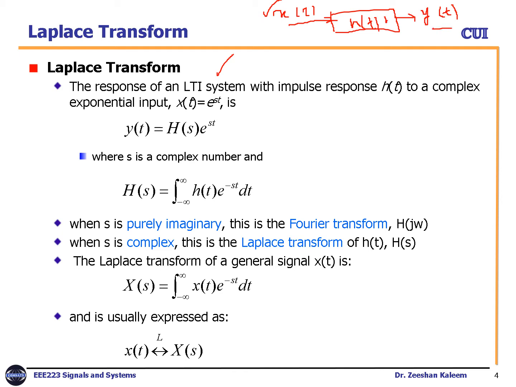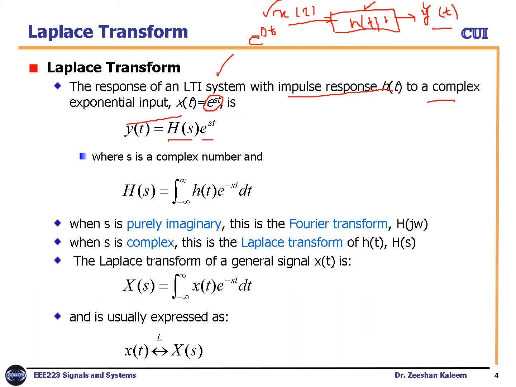So let's start. Consider the response of an LTI system with impulse response h of t to a complex exponential input. Whenever you input the complex exponential e to the power s t instead of x of t, the output will be y of t, equal to H of s times e to the power s t, right?